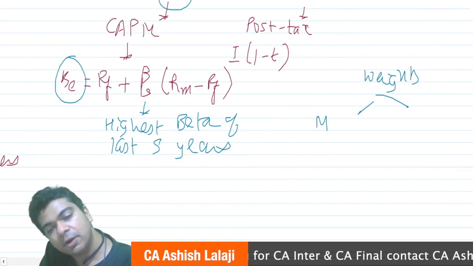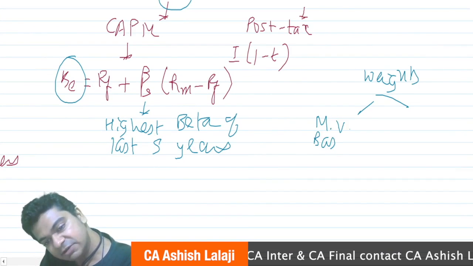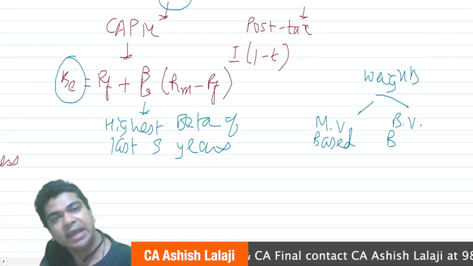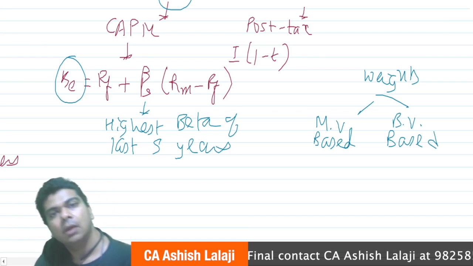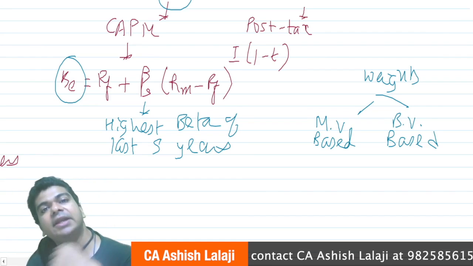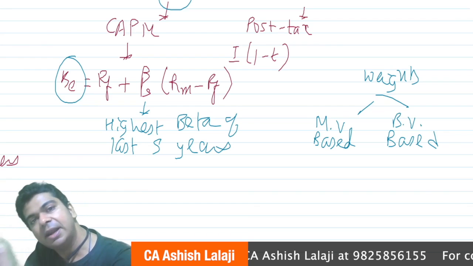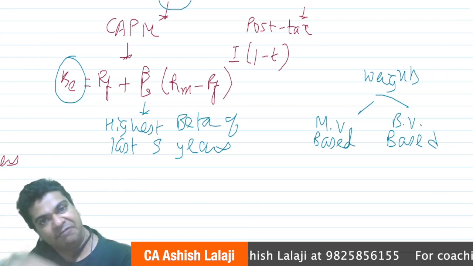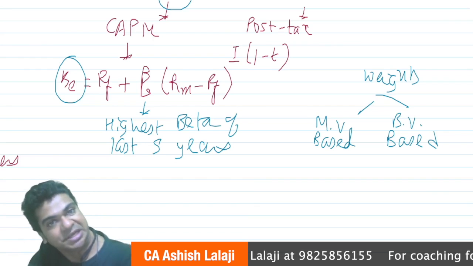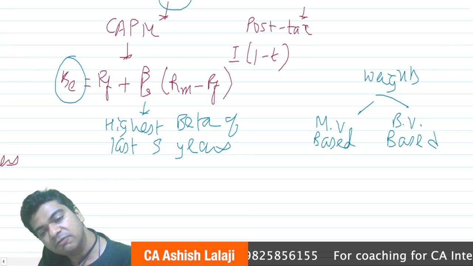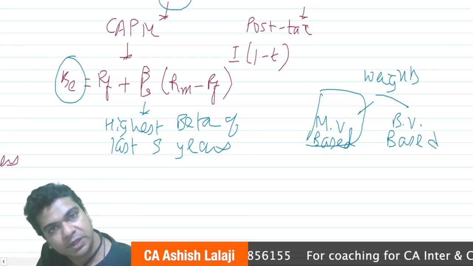You can go for market value based weights, or you can go for book value based weights. For example, what is the latest value of the equity shares? If the preference shares are listed, what is their latest market value? If any of your debt securities is listed, what is its latest market value? Based on that, I can work out the weights. These are your market value weights.